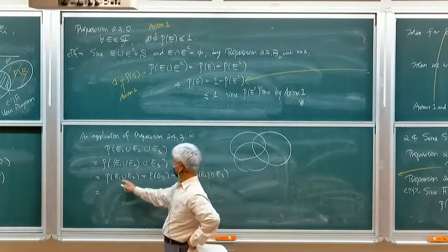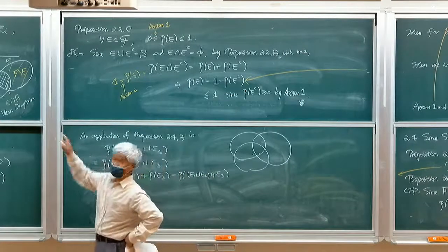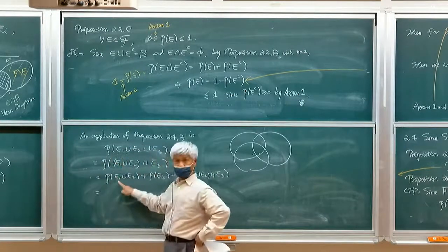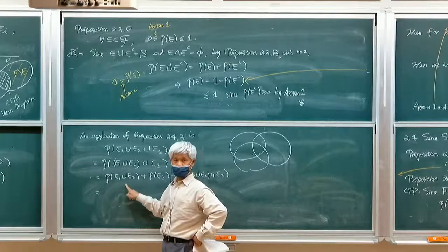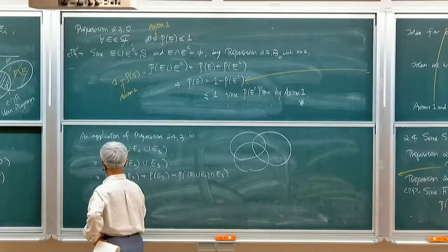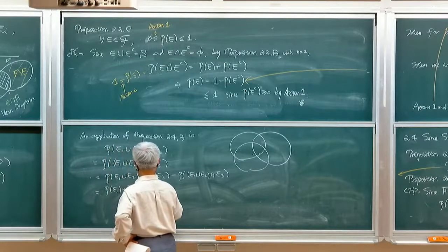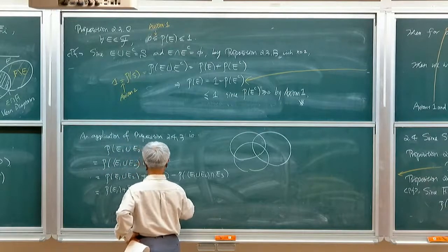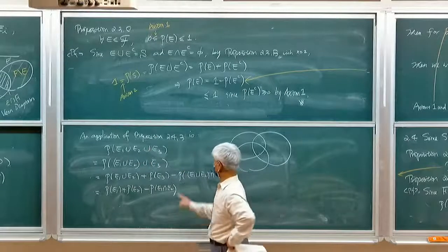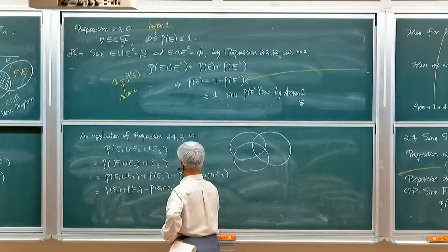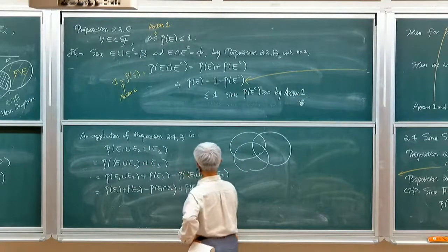And now we apply the same proposition to this union, because now this is union of E1 and E2. So you have probability E1 plus probability E2 minus probability E1 intersect E2. All right, and we have probability E3. How about this one?